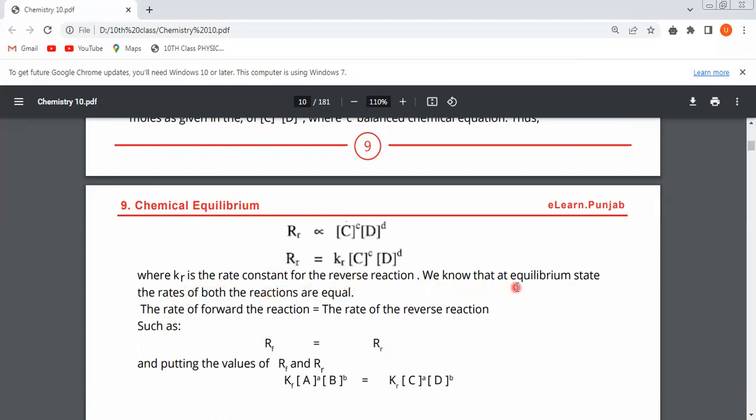We know that at the equilibrium state the rates of both reactions are equal. The rate of forward reaction is equal to the rate of reverse reaction, RF equals RR, and putting the values of RF and RR, KF [A]^a [B]^b equals KR [C]^c [D]^d.